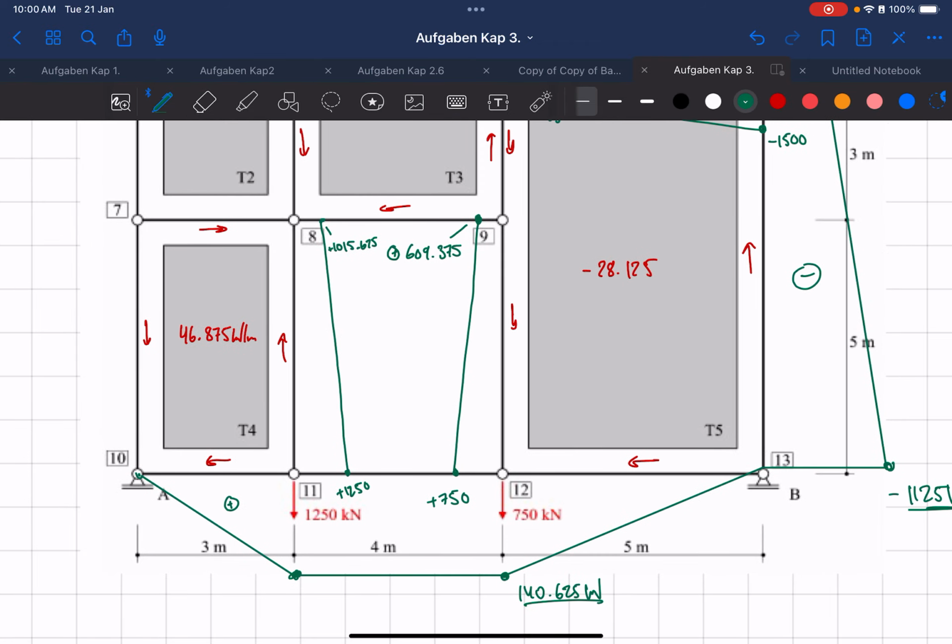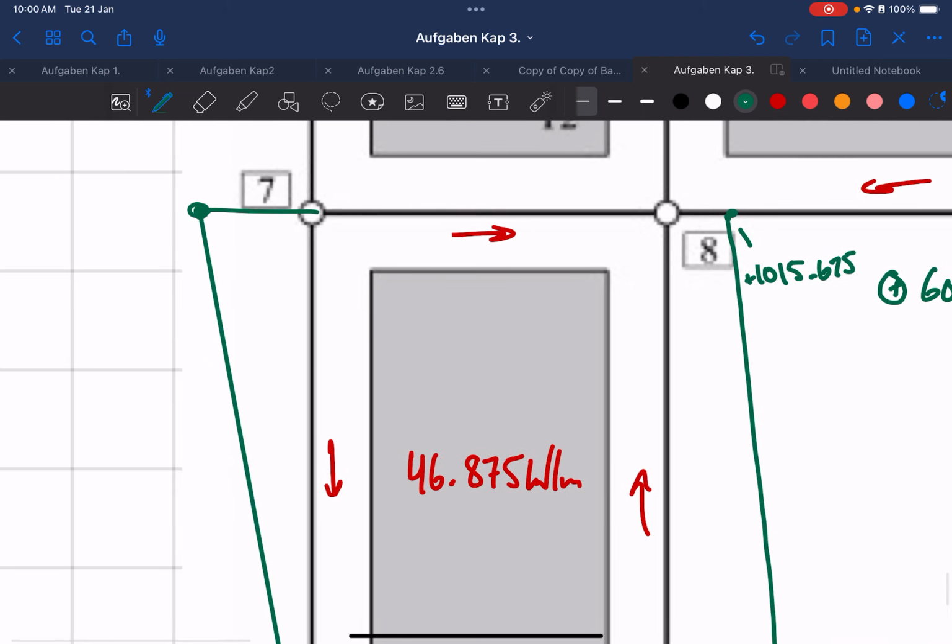And then this would here also be positive then. So it'd start at 0 and then 46.875 times 5, 234.375. So I would end up here with 234.375. Positive.